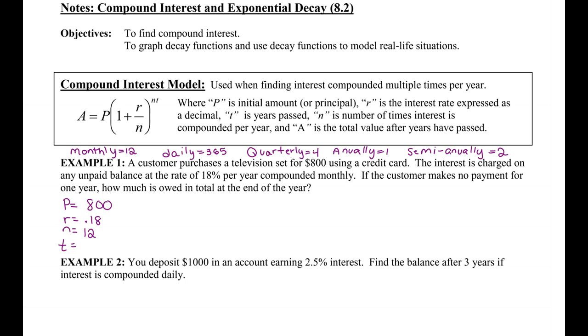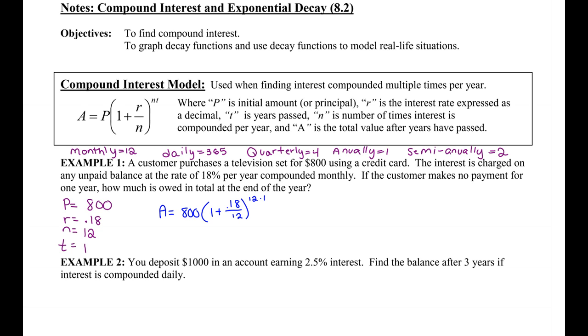So our number of years, which is T, is equal to 1. We are going to plug these values into our equation. So we get A is equal to 800 times the quantity of 1 plus 0.18 divided by 12 raised to a power of 12 times 1.